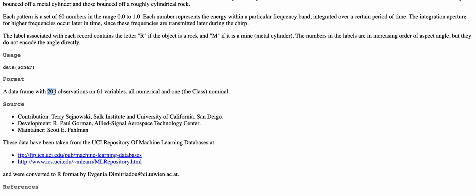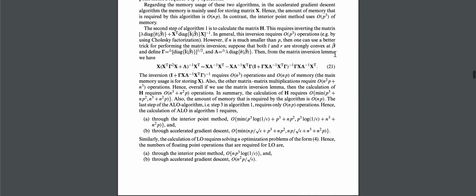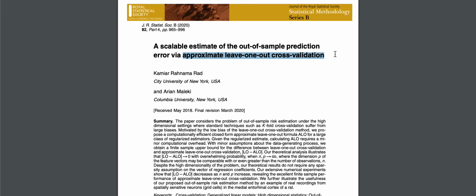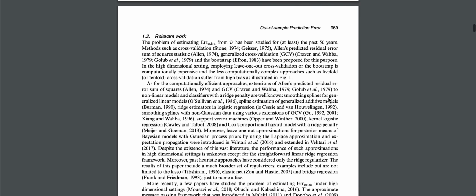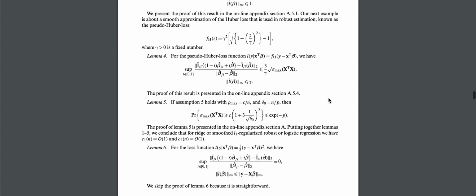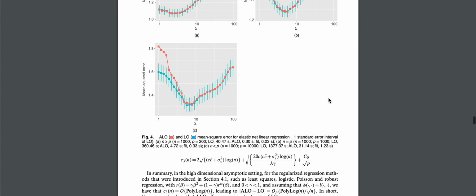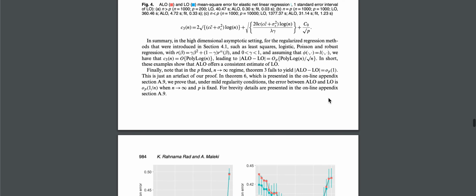In the data frame, we have 208 observations and 61 variables. I also use this data in my paper in the Journal of the Royal Statistical Society, and I will show you. It's a very nice example.